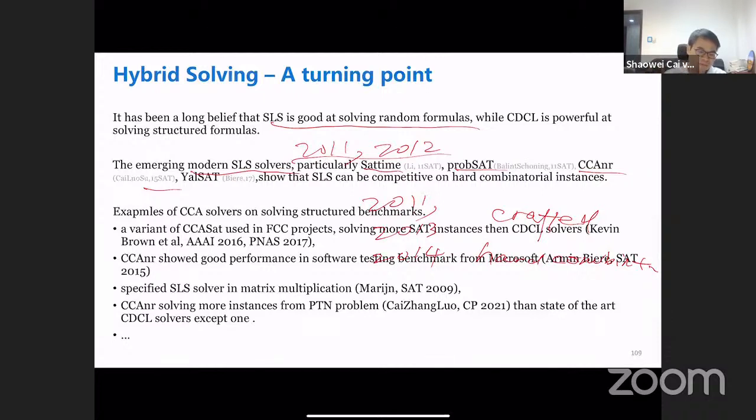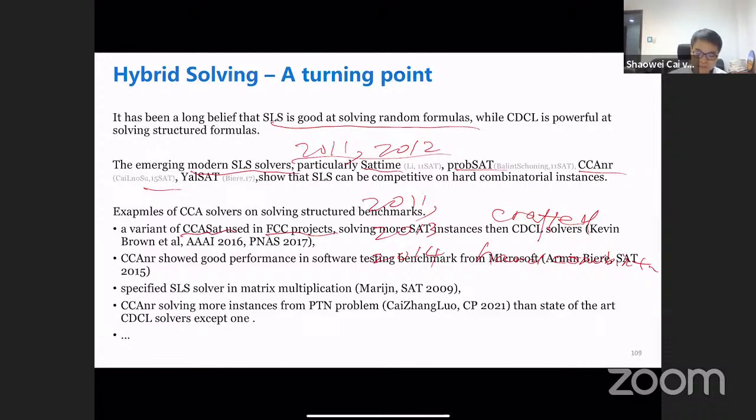If we look outside the competition, we can find some typical examples in industry where local search performs better. For example, in the FCC projects in the USA, they try to allocate resources in real resource allocation projects. There are two core solvers there, one a variant of CCAnr and the other a variant of Glucose.